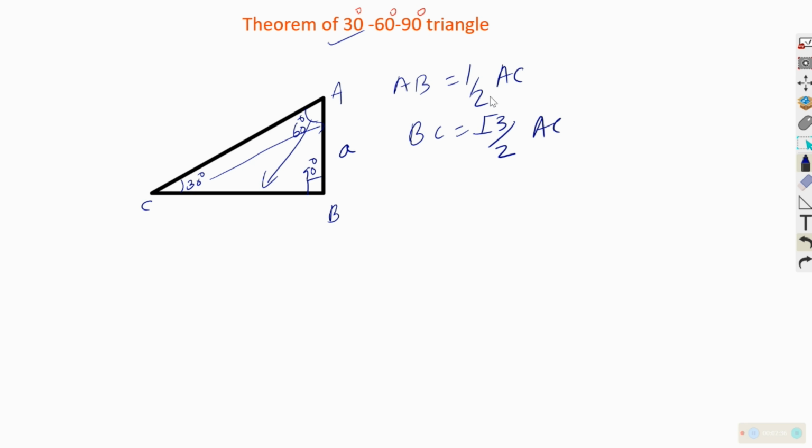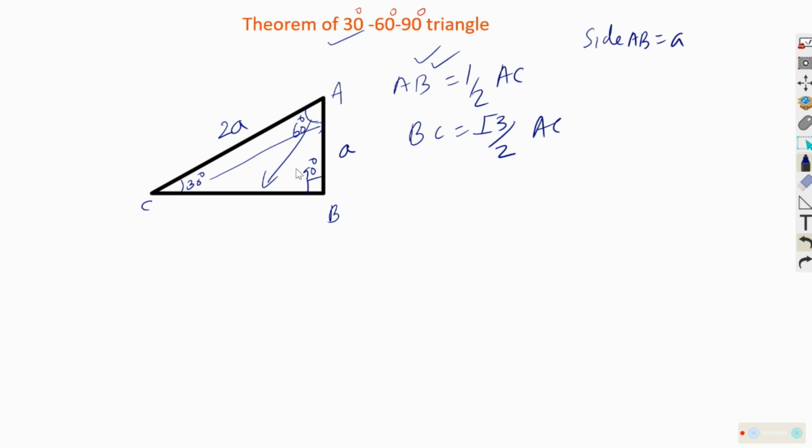The side opposite to 30 degree is half of AC. Correct? That means AC is equal to twice of AB. I just wrote AB is equal to A. Then side AB is half of AC, that means AC is twice of AB. So this will become 2A. Correct? If you write in terms of A, this will become 2A.